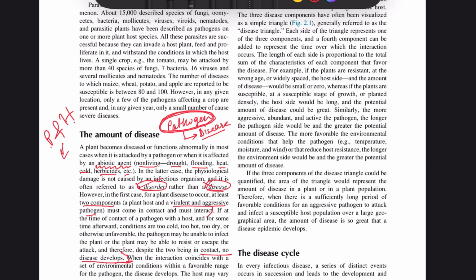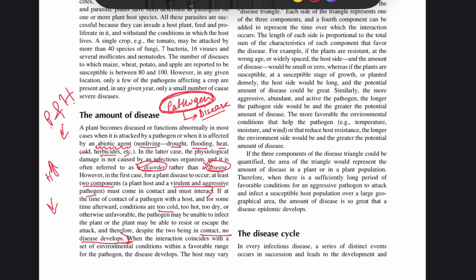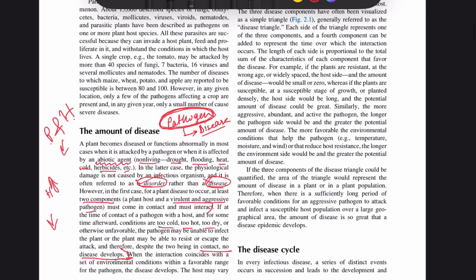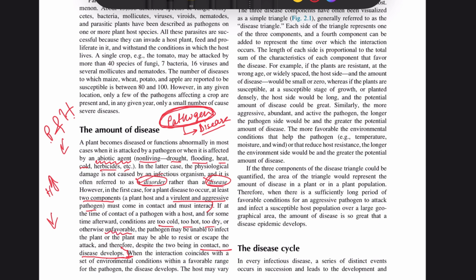It is not favoring the pathogen to survive. There are so many pathogens which cannot survive in high temperature or in very low temperature. If the humidity is too high or low, there is severe rainfall, or it can be anything, like too cold, too hot, too dry, or any other condition may apply. So in time of unfavorable condition, pathogen may be unable to infect the plant. So only these two parameters are not essential for a pathogen to cause disease.